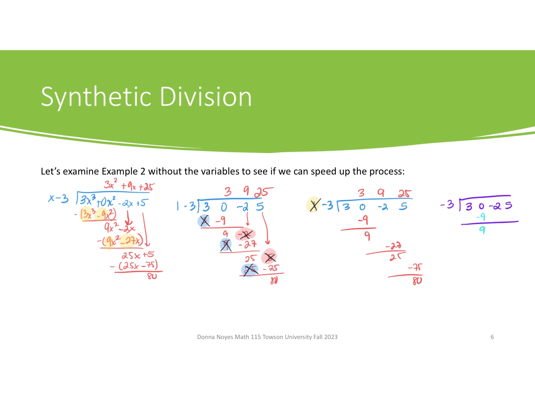We have our negative 27 and our 25. And then we have our negative 75 and our 80 here. And the only thing that we don't see just yet is this 3, which we will just drop down. And on the top, we still have 3, 9, and 25.